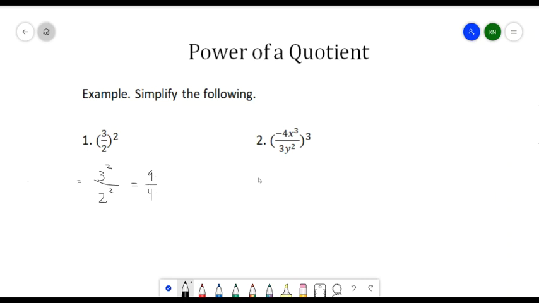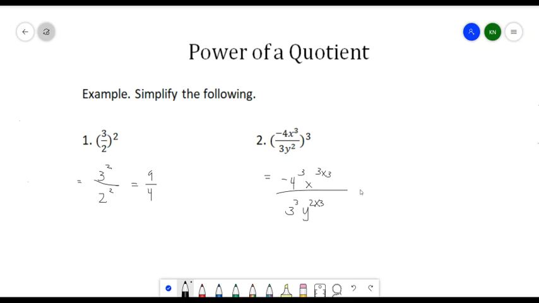Now, for another example, we have negative 4 raised to 3 and x raised to 3 times 3 all over 3 cubed y raised to 2 times 3.